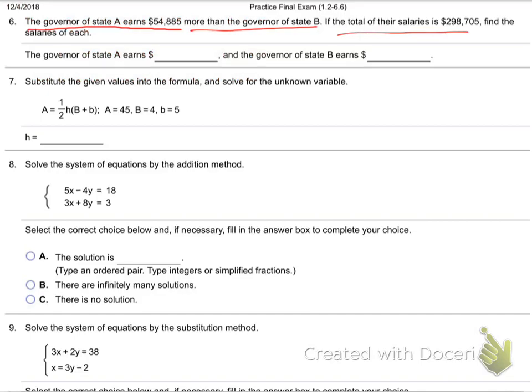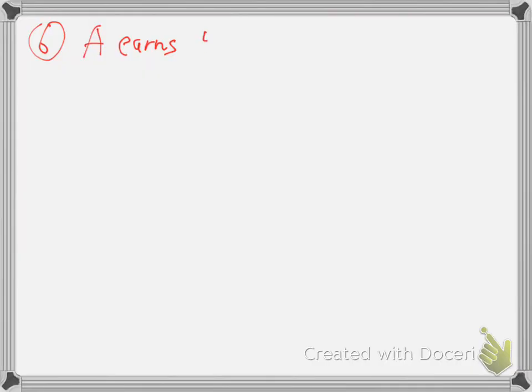Let me write that out. A earns how much more? 54,885.